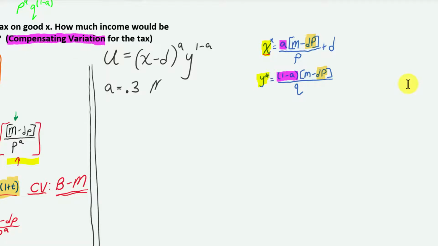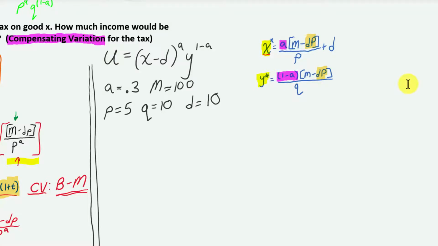Let's let our budget be 100. Let's let the starting price of good X be 5. The starting price of good Y be 10. And let's let this minimum daily requirement also be 10 units. So you need a minimum of 10 units of X to survive.